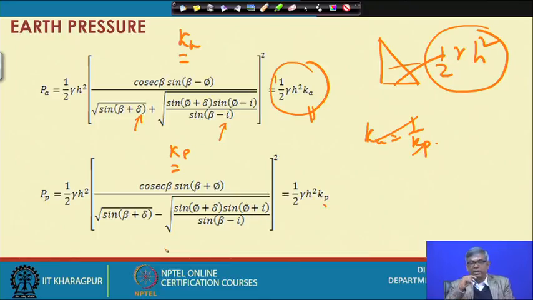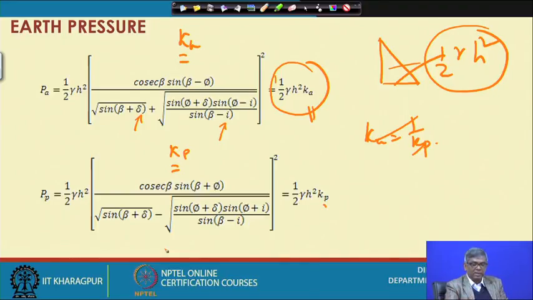When you calculate the value based on Rankine's theory and by Coulomb's theory, we get a difference of approximately 10 to 15%. So sometimes, to take that effect into consideration in the design, they use Rankine's theory, and the pressure is reduced by 10 to 15%.